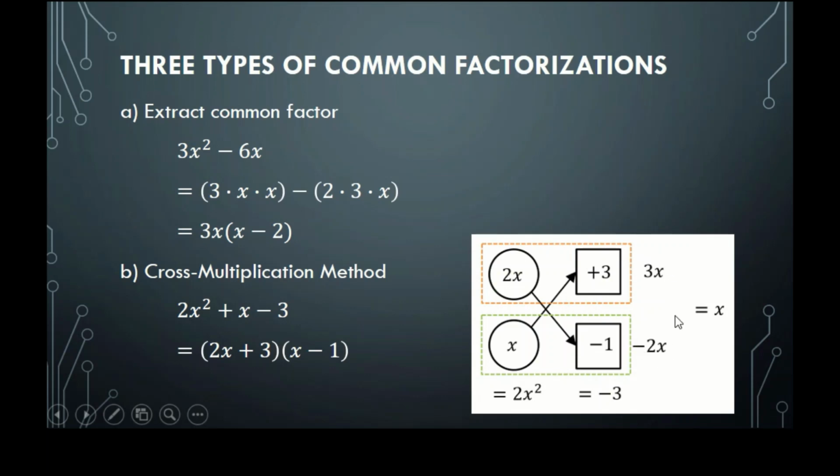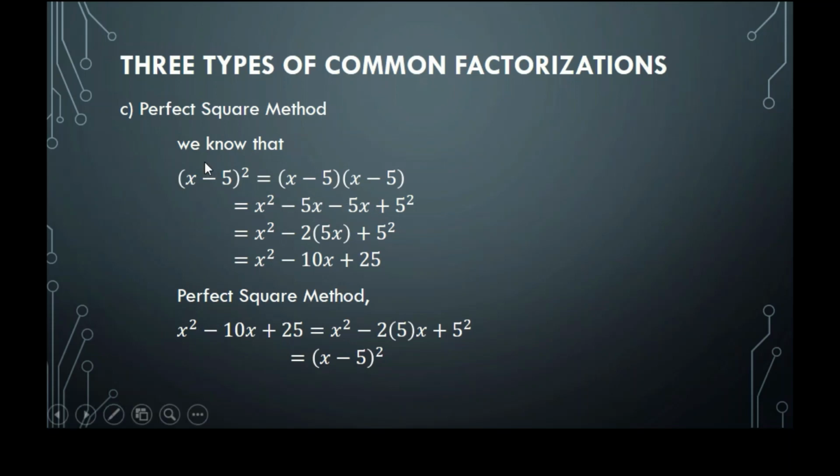When we sum this, if we get x, which is the middle term, then the combination is correct. So we have the factors 2x plus 3 and also x minus 1. These two terms will be the factors.